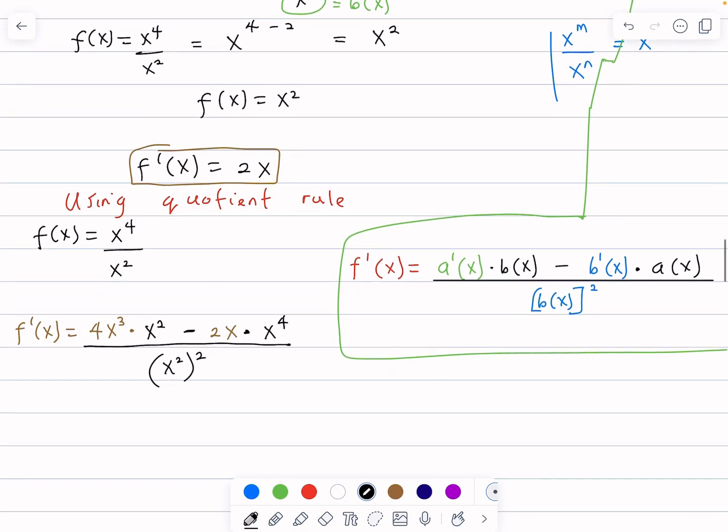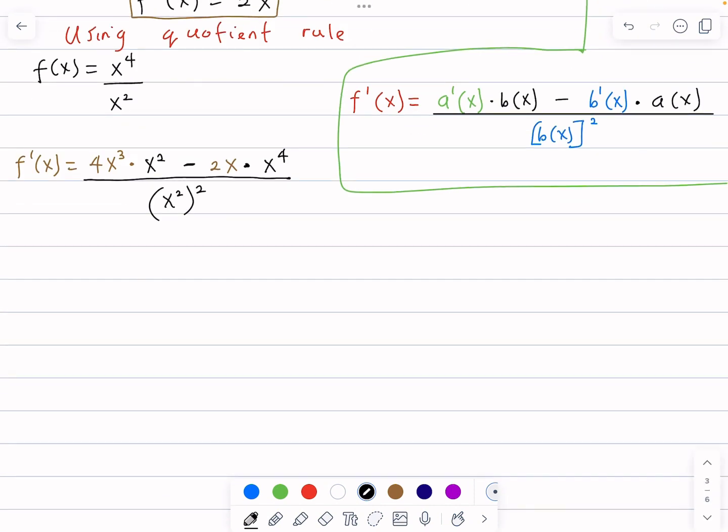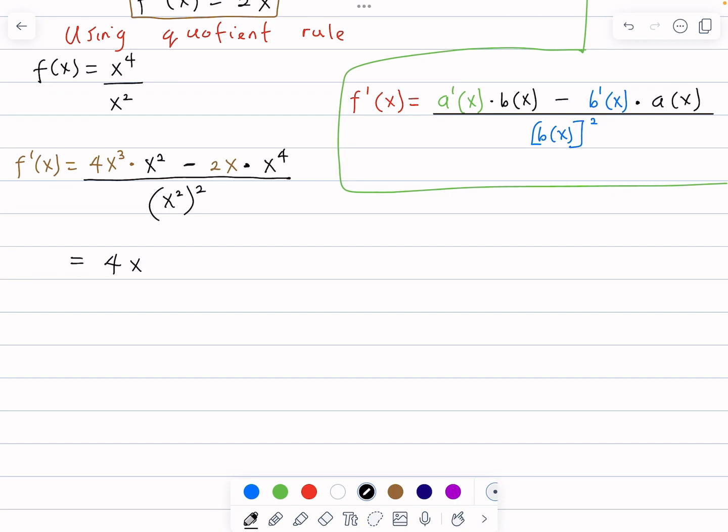Now let's simplify this. Let's see if we are going to get 2x, which is the answer that we got above. Using the rule of exponents, if you combine x to the power of 3 and x squared, you add the powers, so you have x to the power of 3 plus 2, that's 5, minus.